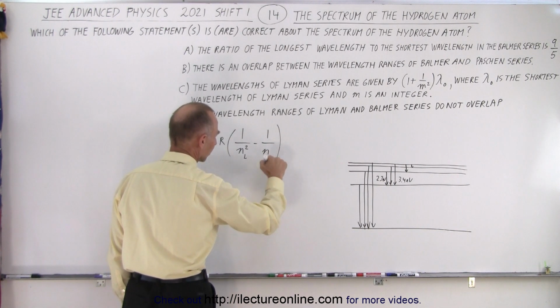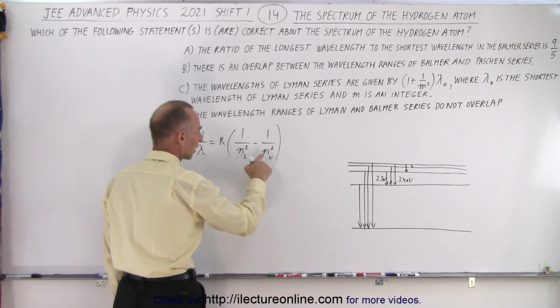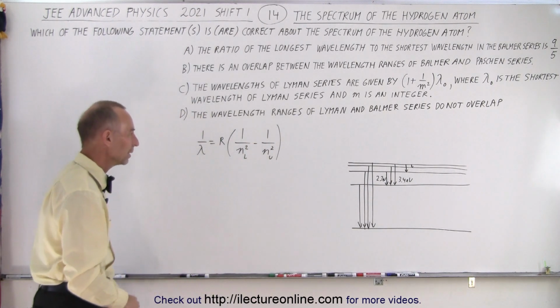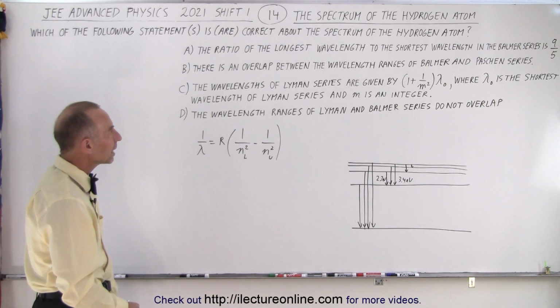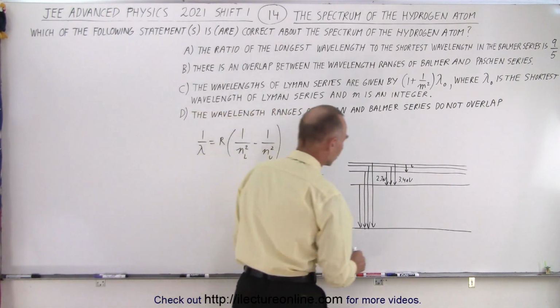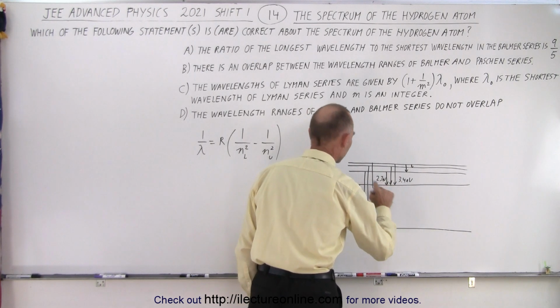I got this reversed before. So this is the lowest energy level, that's the highest energy level, and that then would be the wavelength determined between them. So for the shortest wavelength, which would be for the least amount of energy difference, it is jumping from 3 down to 2.